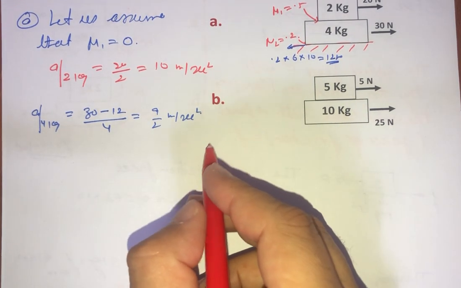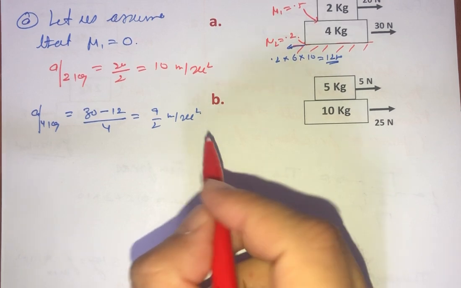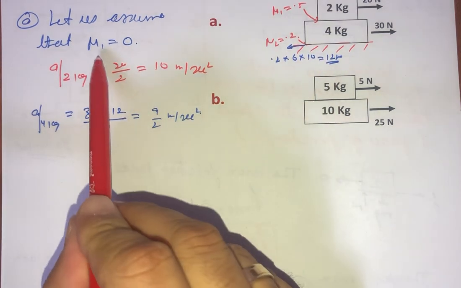Let's draw the diagram also for it. Now we have assumed that mu1 is 0.